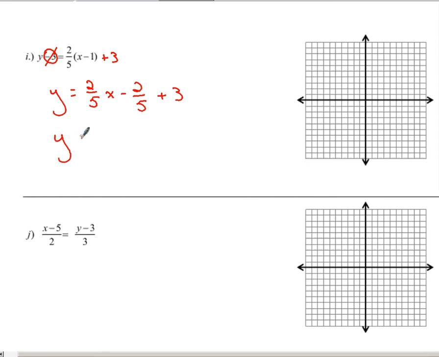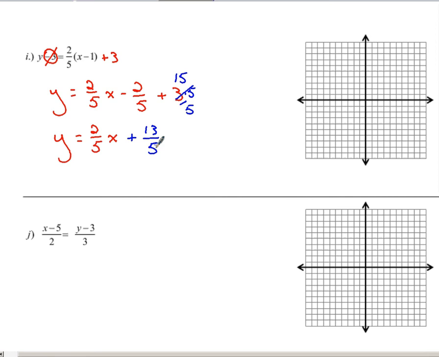So y is going to equal 2/5 x, but I can take that -2/5 and add that 3. A couple ways to do it. Find a common denominator. If you find a common denominator, this would be over 5, meaning I have to multiply the top by 5, right? So this would be 15 over 5. Take -2 plus 15, that's going to be plus 13/5.